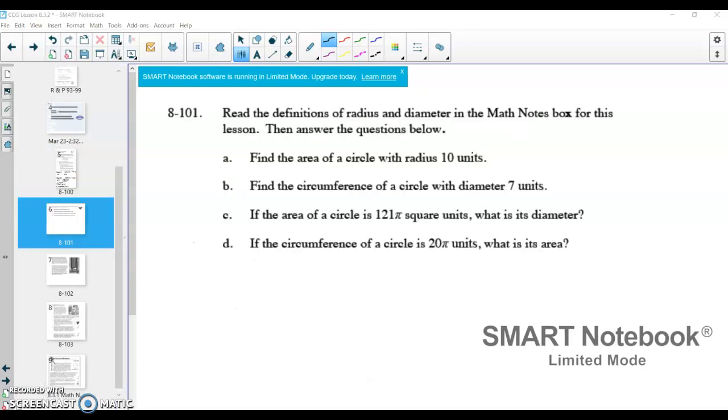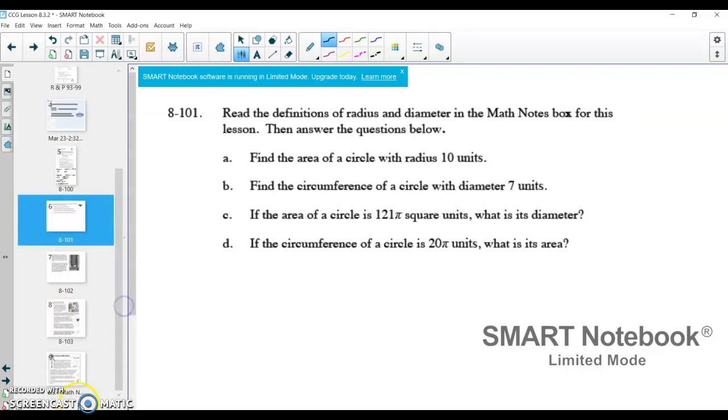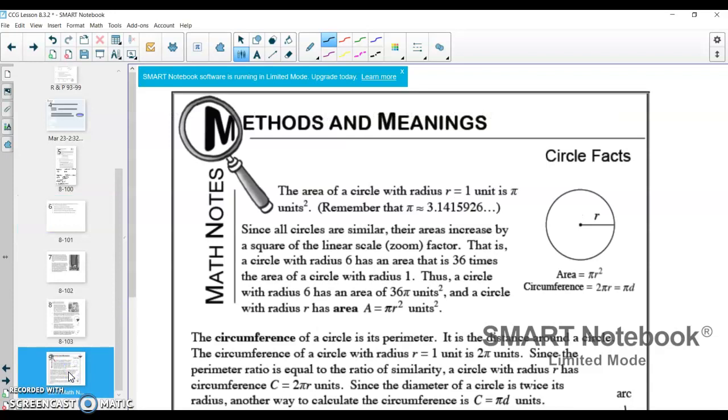On to problem 8.101, the first thing it says is to read the definitions of radius and diameter in the math notes box for this lesson. So I'm going to go down there quick and just recap what they're trying to show us here. There isn't a very clear definition of what radius and diameter are in this math notes box, but most of us know that the radius is, if we look at it right here, from the center of the circle out to the side of the circle.